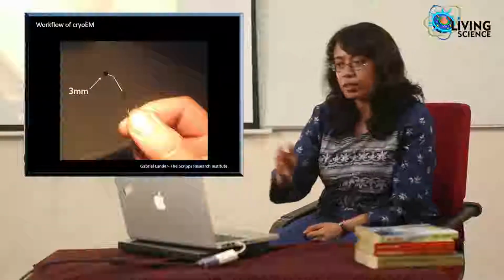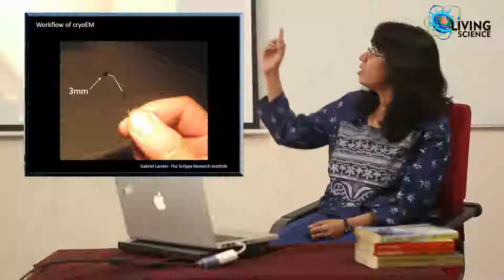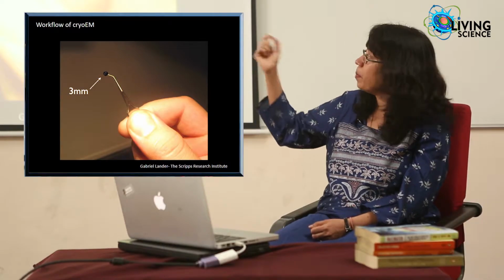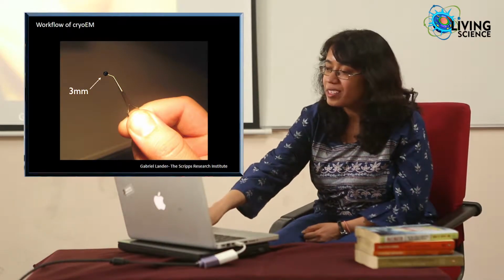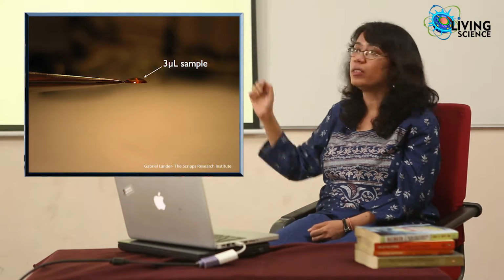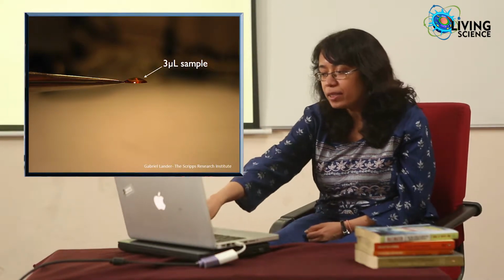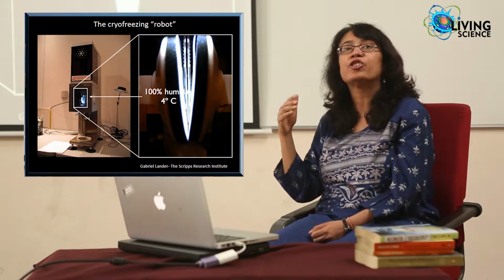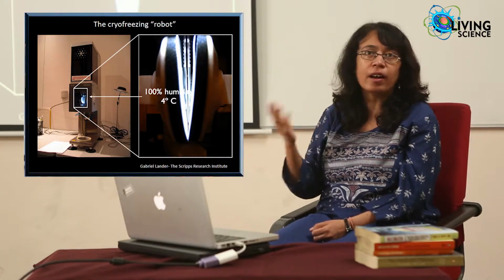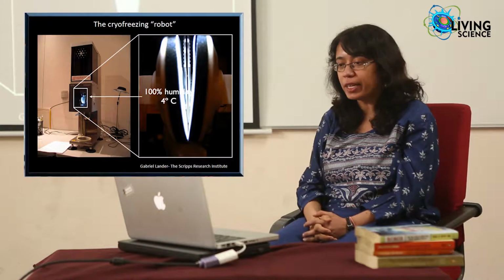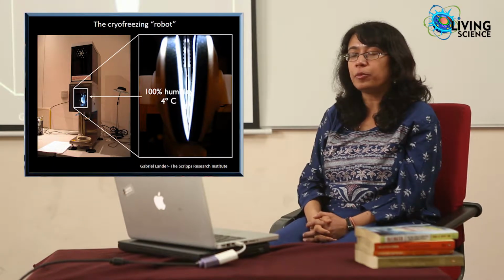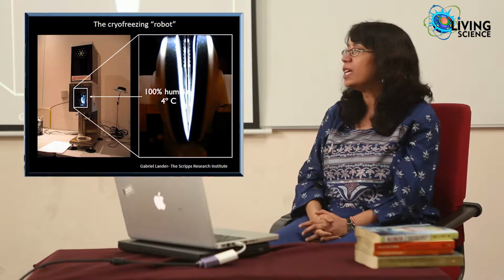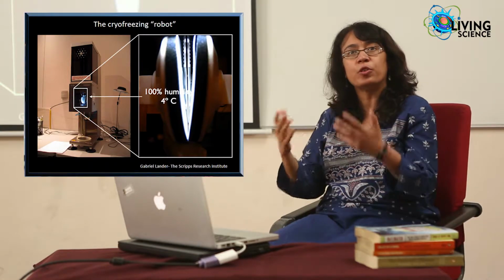So to look at it a little bit closely, this is a grid which is being held by tweezers, and the sample is added on the grid. And then this entire setup is put inside a vitrification robot. Now, there are several kinds of vitrification robots that are available. And what the robot does is that it maintains certain temperature, certain humidity, and also it very quickly plunge freezes the sample.